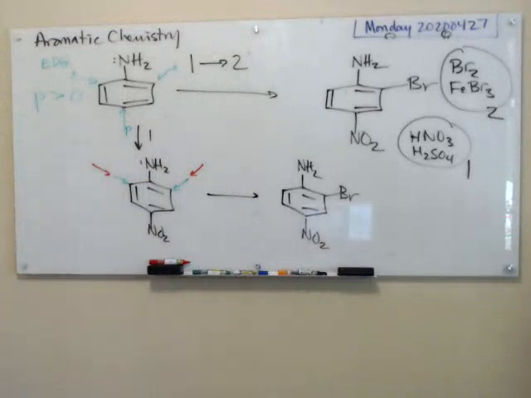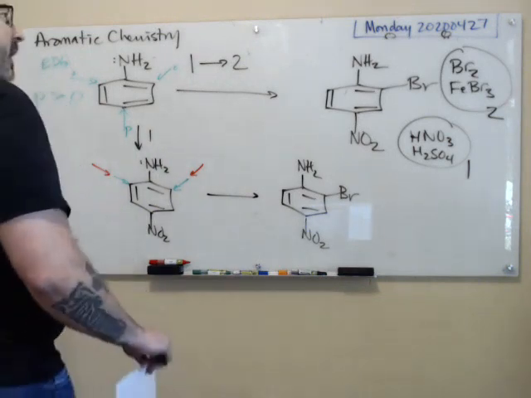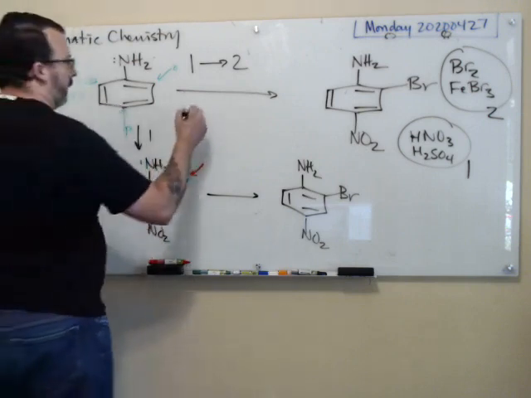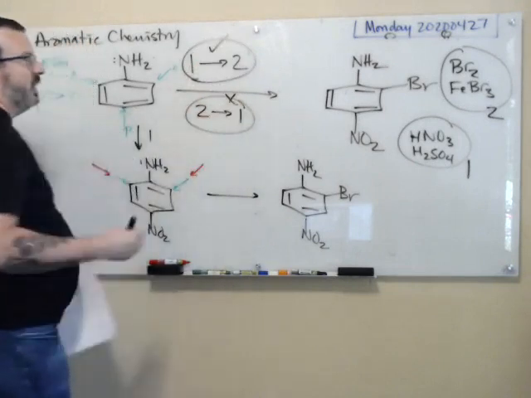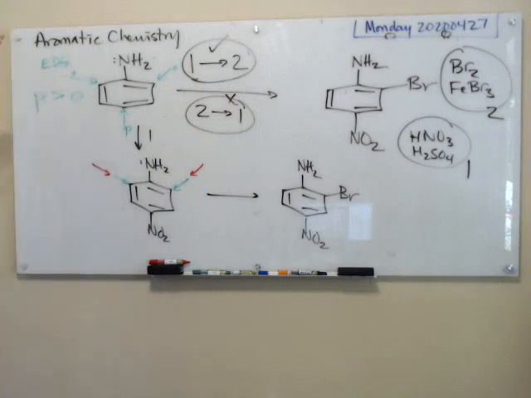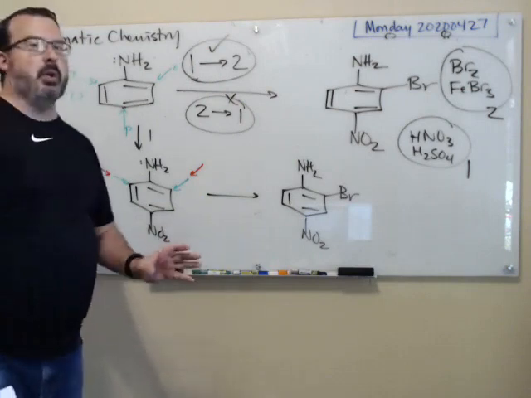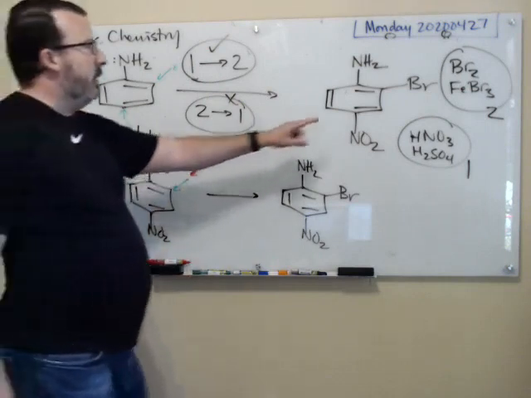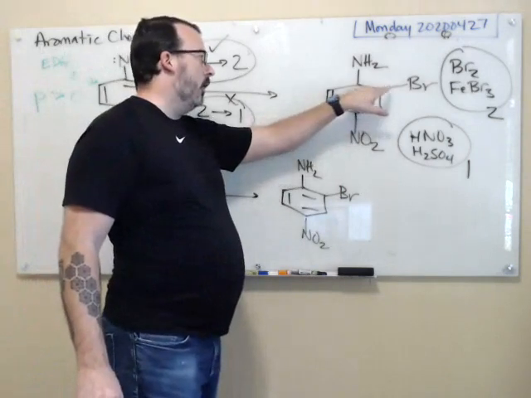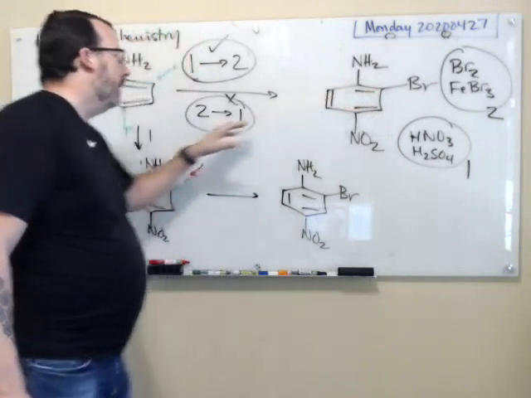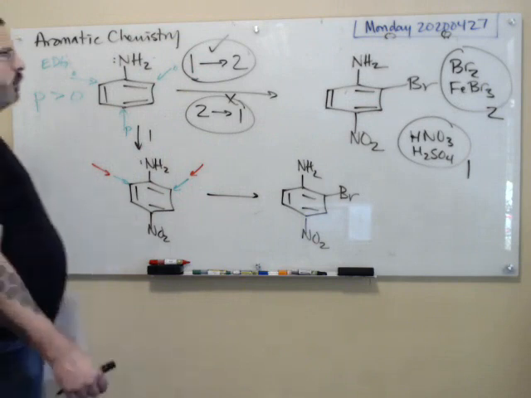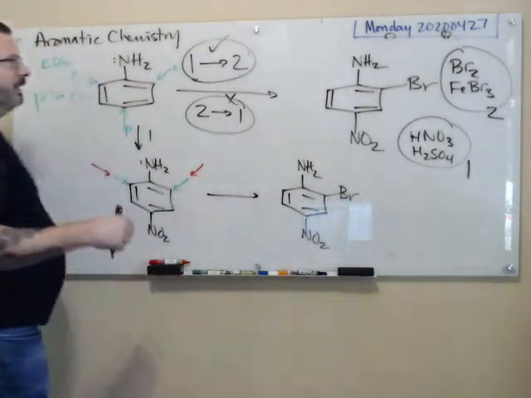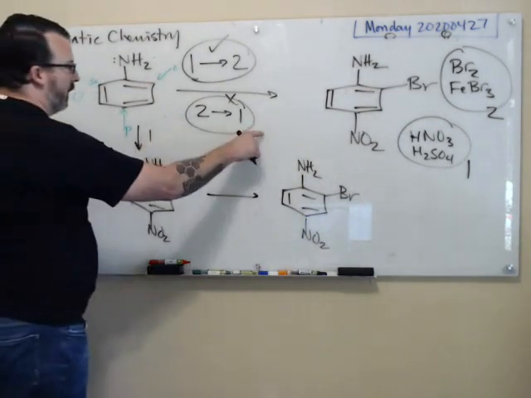So if we look at doing it the other way, so this is correct. If we do it the other way, there's no magic or voodoo in these reactions. Even though your eye sees the bromine is next to this amino group, and we know that electron donating groups are ortho-para directors, just because we want this bromine to go there, it's not going to go there if we run this first.